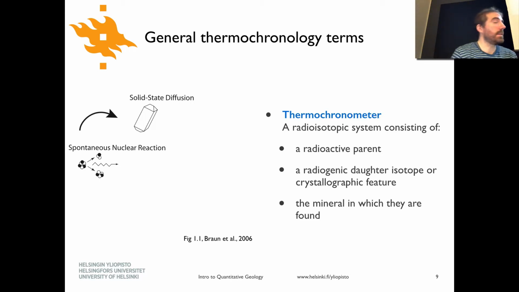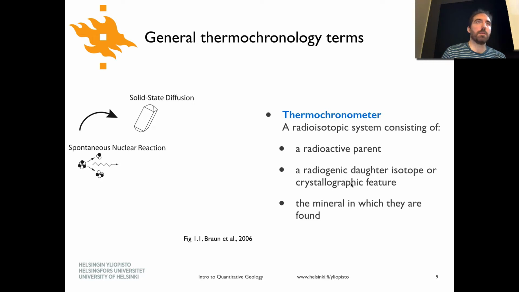So we can start with a basic definition. And here we can talk about a thermochronometer as being some kind of radioisotopic system. So a radioactive parent isotope, a daughter isotope that's produced by radioactive decay, or it doesn't necessarily have to be an isotope.